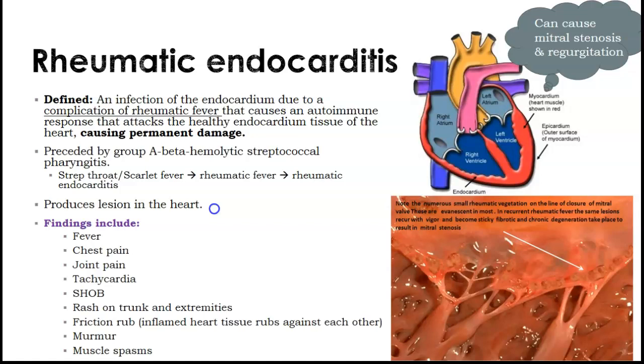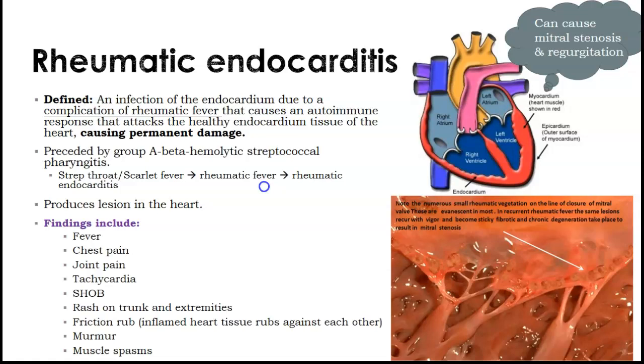So what you have going on here is a bacterium that has got into the body, had a systemic effect, and over the course of time, because it hasn't been treated, it turns into rheumatic fever, which the autoimmune response can result in rheumatic endocarditis.